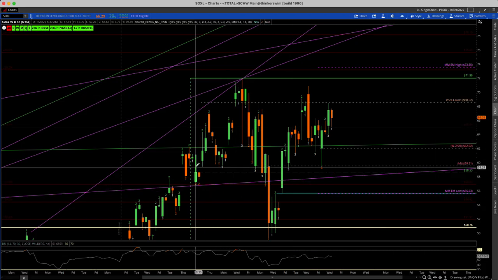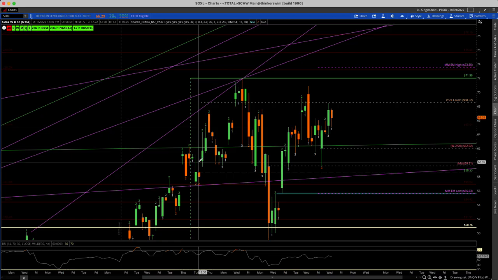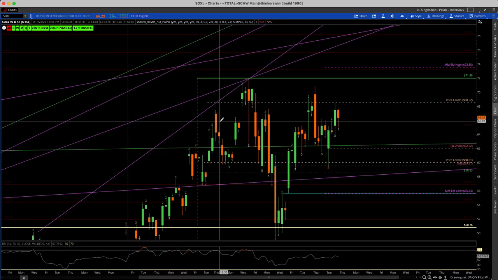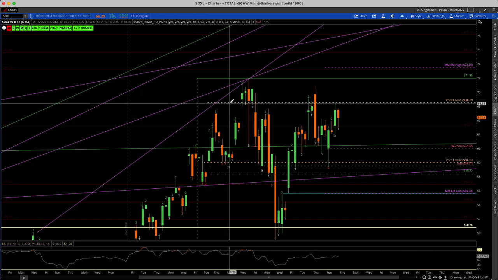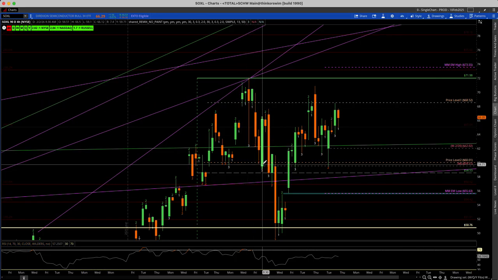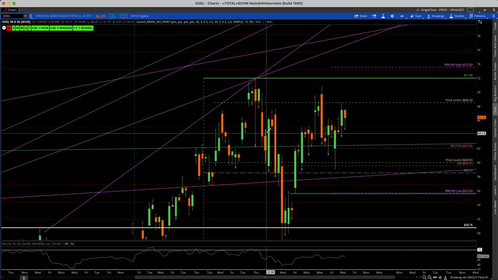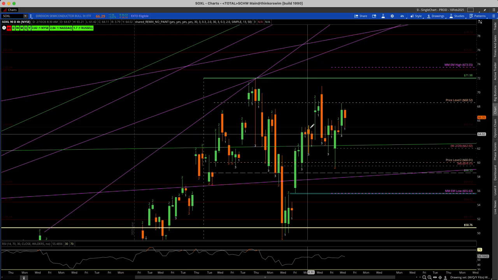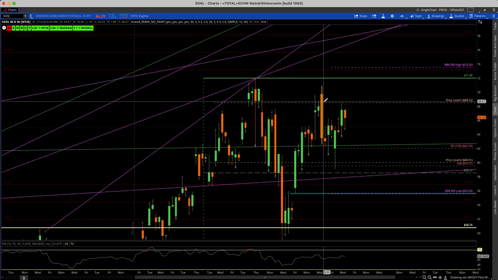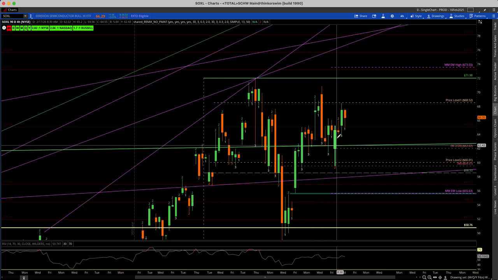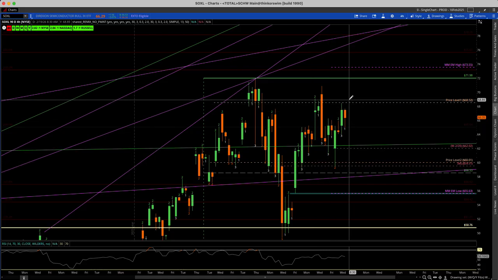If this is the top of the range and the bottom of the range is about around here, right? Here's where we initially broke out, found support, pushed up. This was a look above and fail, come back to the bottom of the range, bounce off the bottom of the range, came down. Now this was a look below the range and failed, so we came back up into range, but it rejected again off of that $68, $69 area, came back down, bounced off of that $59 area once again and pushed back up. Now we're back up to that $68 area.